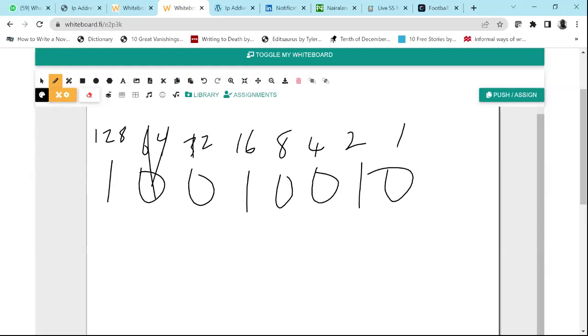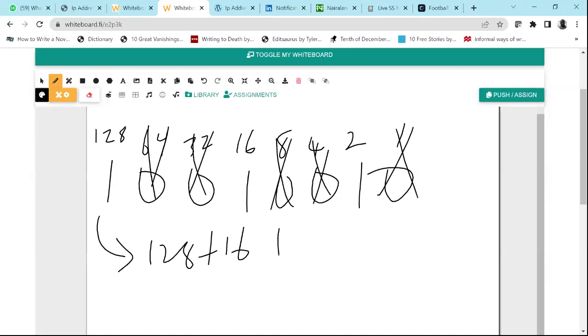So that is 128 plus 16 plus 2, which is, can someone help us do that? 128 plus 18. It's 146, yes, 146.